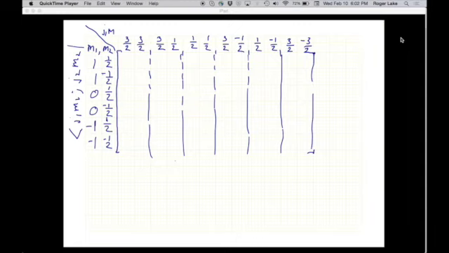Okay, and so up top I'm writing our J, M states, our total angular momentum states. Now we just need to fill in the matrix elements. The matrix element between the direct product state with M1 equal 1 and M2 equal 1/2, with the 3/2, 3/2 state is just 1, and that's the only matrix element in that row.